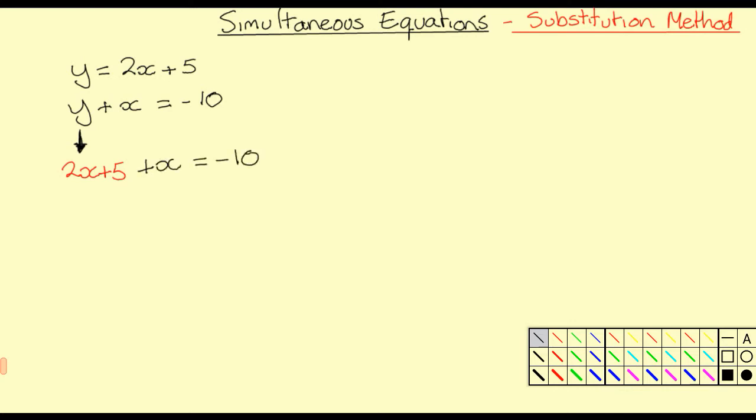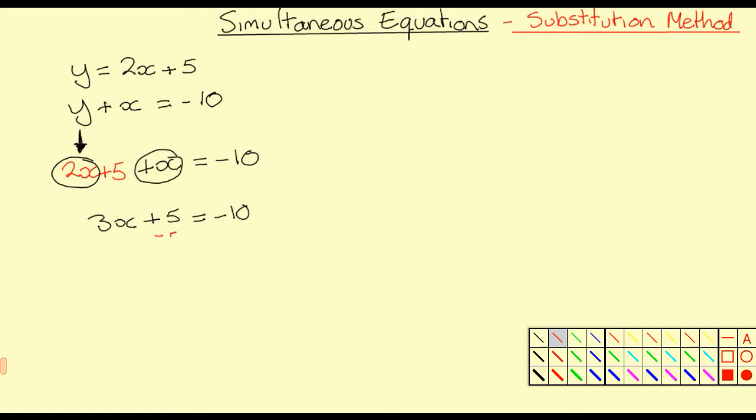And the reason I've done that now is that I've got an expression all in x's. So if I've got an expression all in x's, I can find out what x is. Okay, so collecting like terms, I've got 2x plus x, so it gives me 3x. I've got plus 5 equals minus 10, and now I solve it like I normally do.